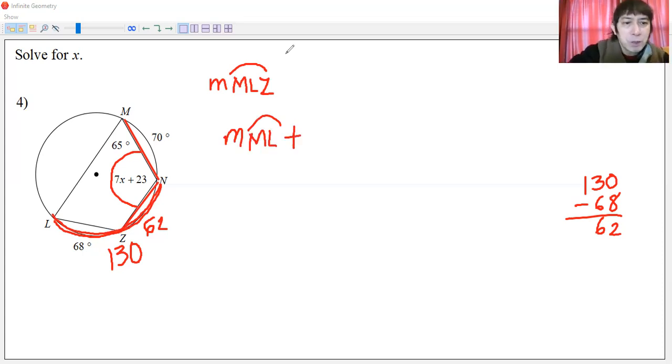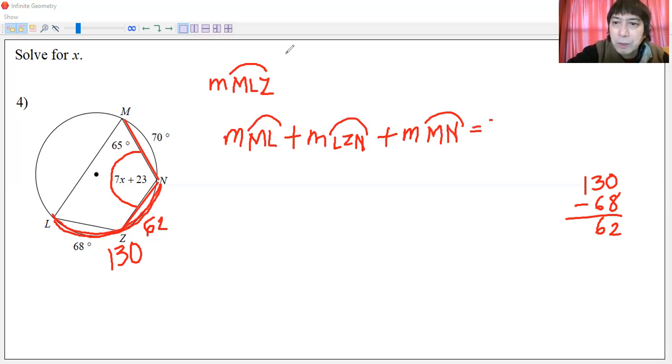plus the 130, which is our arc LZN, there. And then plus the arc MN, that's already one full circle, 360. This will be an easier solution.